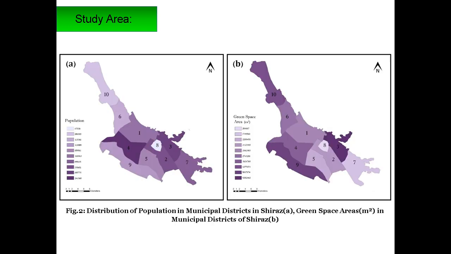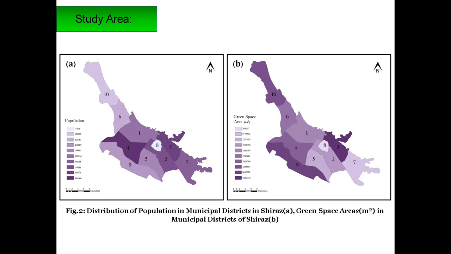Shiraz embraces 10 municipal districts, which have different population densities, several construction patterns, and disparate green spaces per capita. This specification and variety in urban features lead us to a general conclusion about the spatial pattern of urban heat islands throughout the city. In these two maps, the first map shows the distribution of population in municipal districts, and the second one is the green space area in municipal districts of Shiraz.